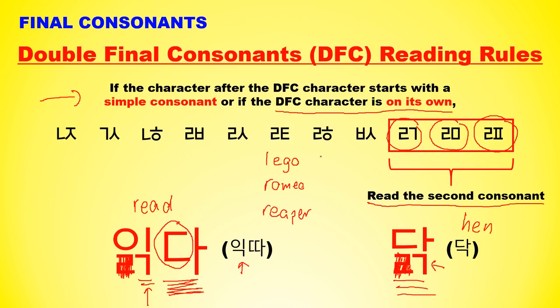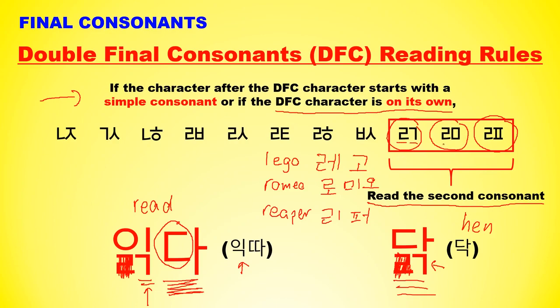Lego, if you write it in Korean, Lego, Romeo, Reaper. You'll notice that for each combination, the double final consonants coincide with each word.